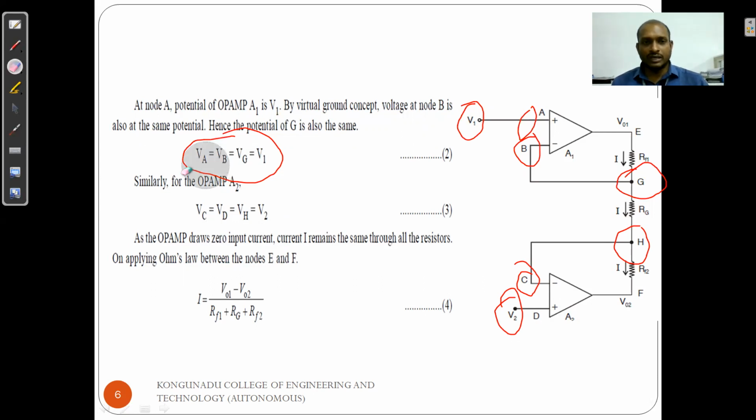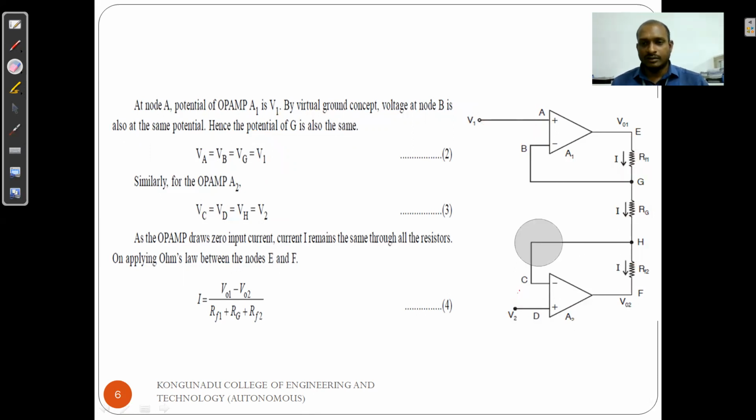From this circuit diagram, we are going to calculate the current I between the nodes E and F. Here the voltage is V01, and here the voltage is V02.